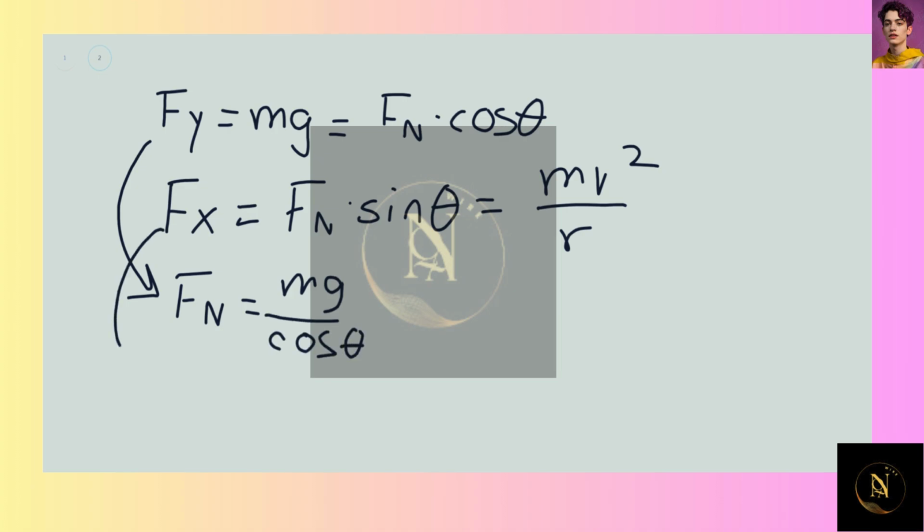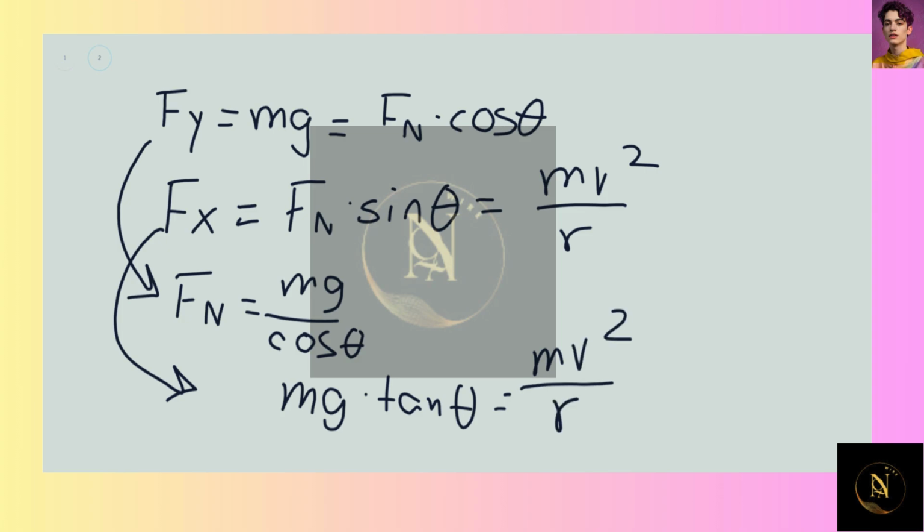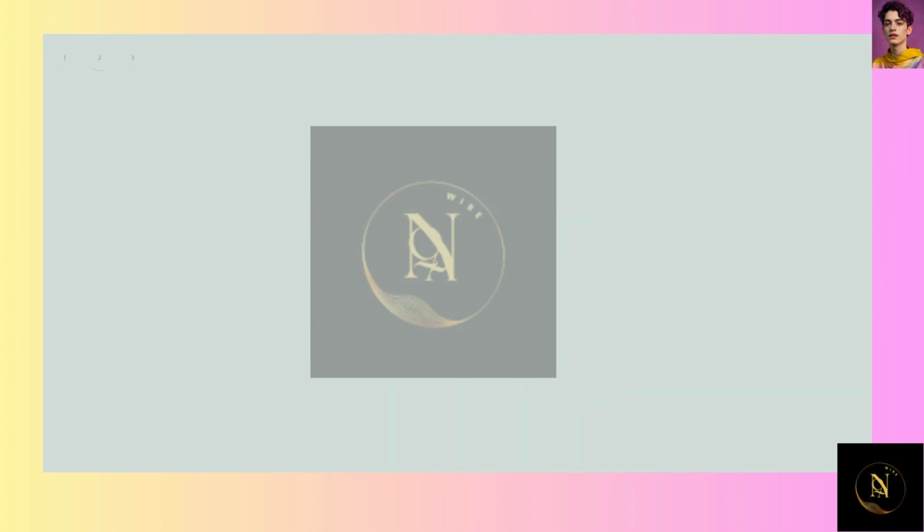So we can plug that into our second equation to get that mg times the tangent of theta is equal to mv squared over r. And now we have all the parts that we need to solve for our radius. We can cancel out our masses, and we get that r is equal to v squared over g tan theta.